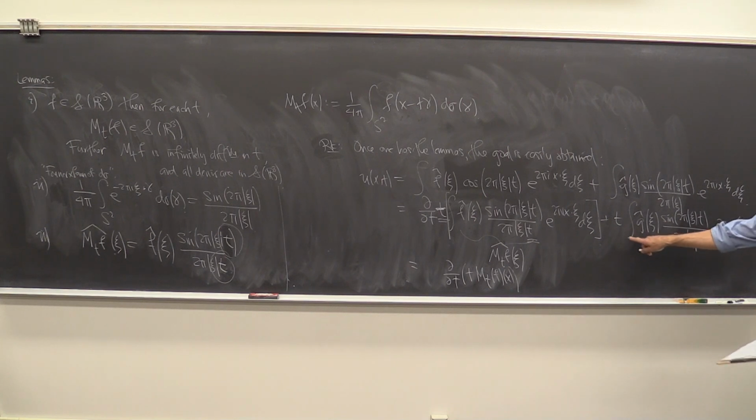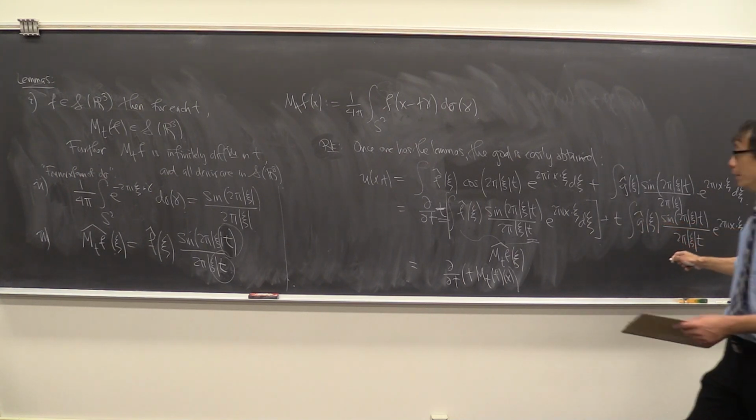Yeah. So here, we want it to look like the inverse Fourier transform of this Fourier transform of the spherical mean of g, right? So we multiply by t and divide by t. Now it looks exactly like it, right?